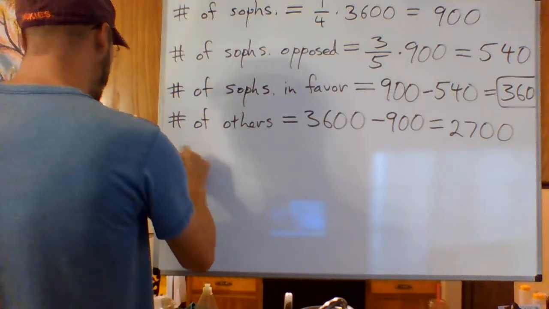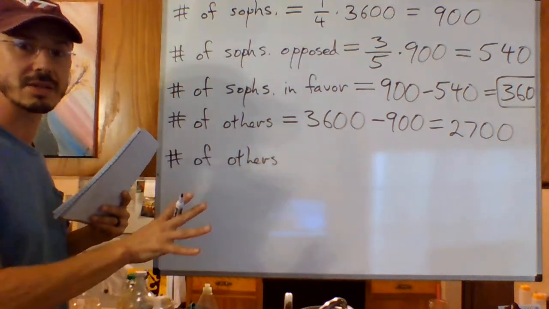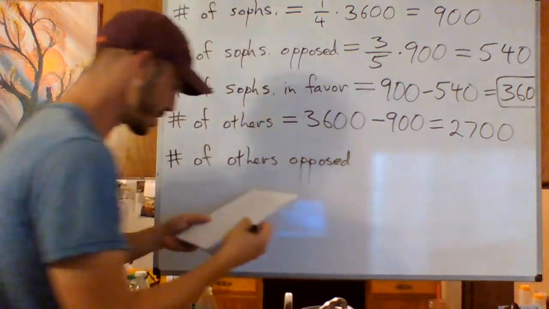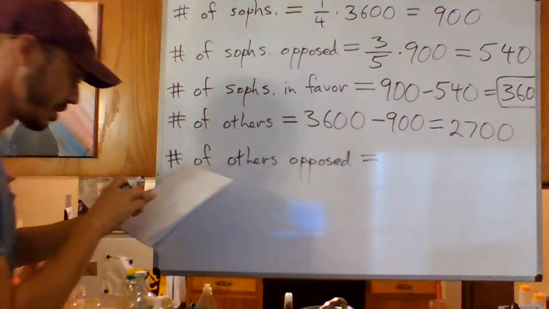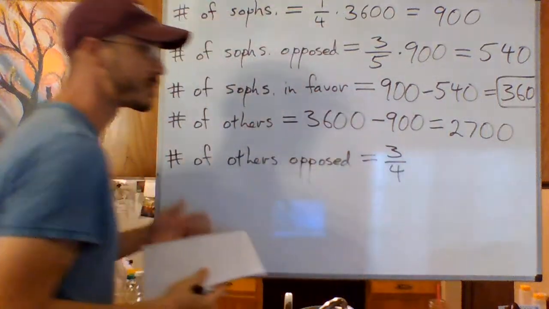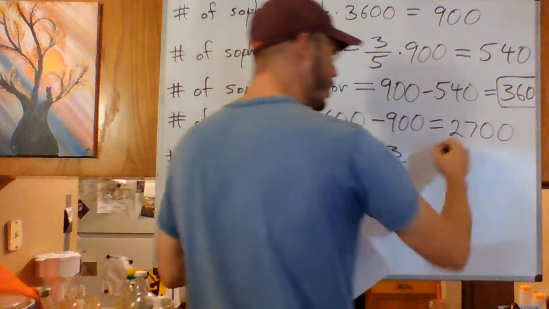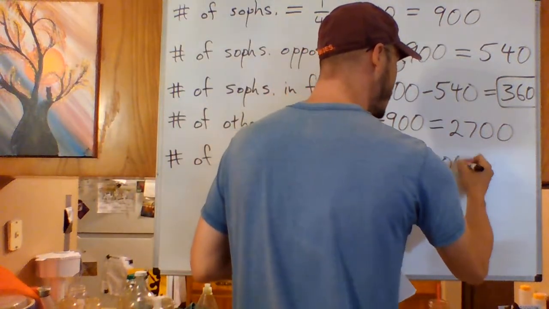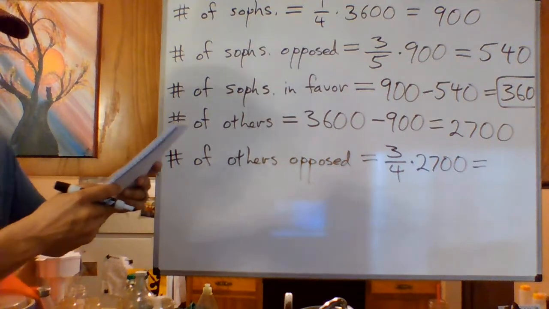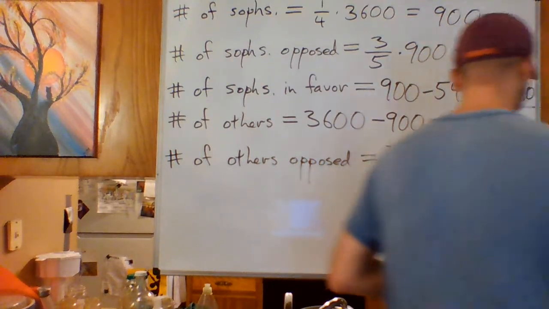Now, the number of others, right, non-sophomores, opposed. And it says in the problem that 3/4 of the rest of the students are opposed. So 3/4 of 2,700 is 2,025.